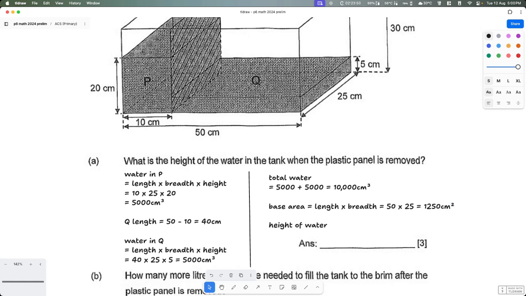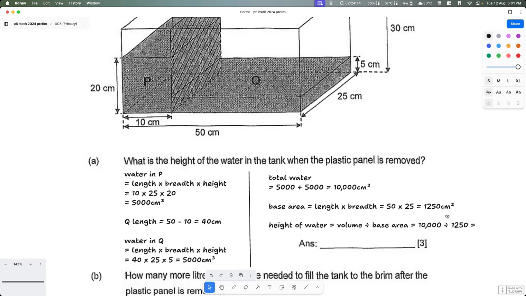So height of water is equal to volume divided by base area, which is 10,000 divided by 1,250.